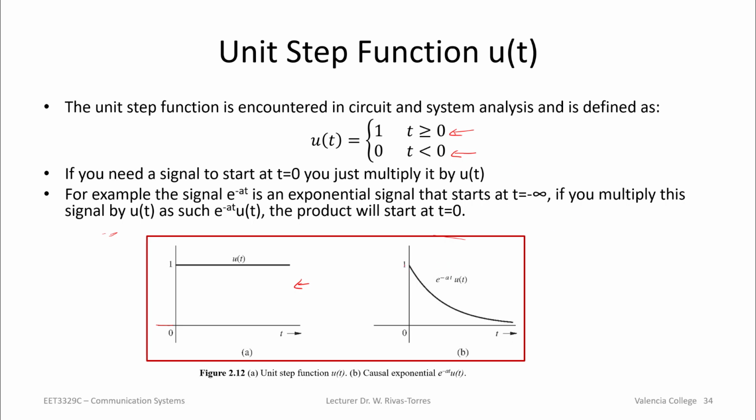This would have kept on going. But once I multiply it by u of t, anything that was on the 0 side, anything over here, goes away, and I end up with what was shown in the graph originally. And let me erase my red line so that hopefully you guys can still see that.